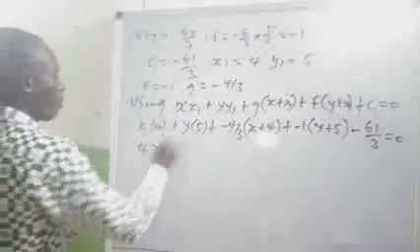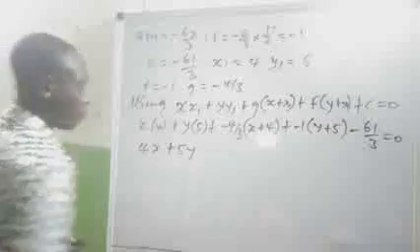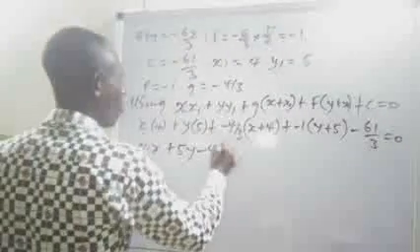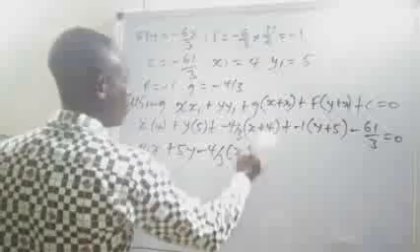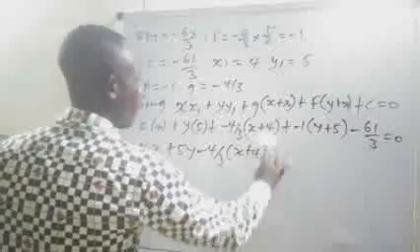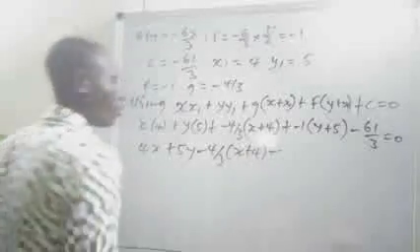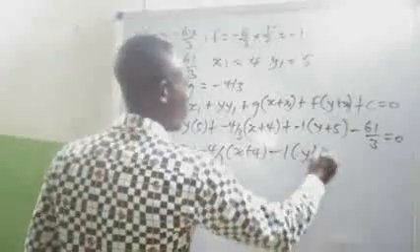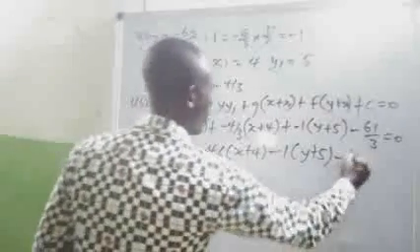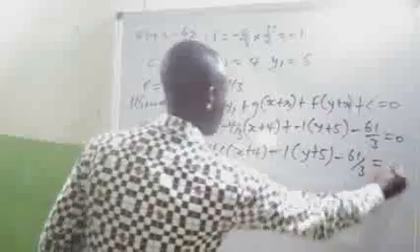Then this will give us 4x plus 5y minus 4 over 3 into x plus 4 minus 1 into bracket y plus 5 minus 61 over 3 equals to 0.